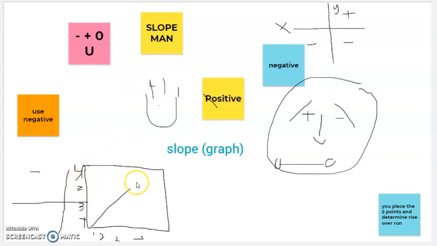You can also use the slope formula on slope from a graph, right? If you have your 2 points, you can use your checklist. Remember when we have to label the X and the Y, we've got to plug them into our formula and simplify if we need to.